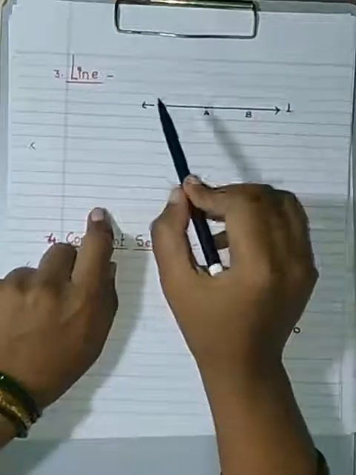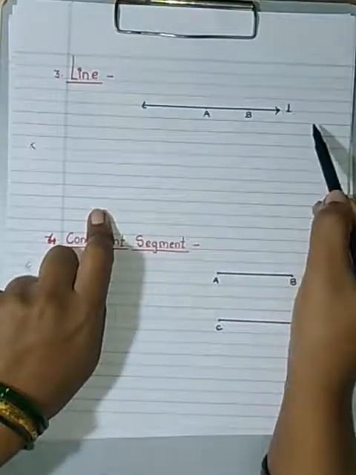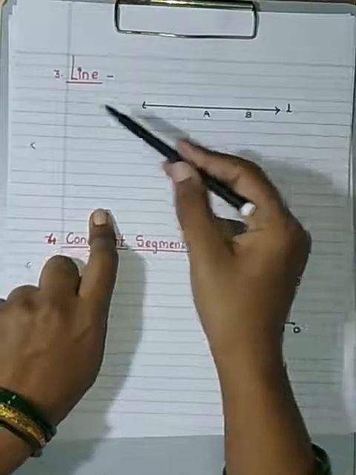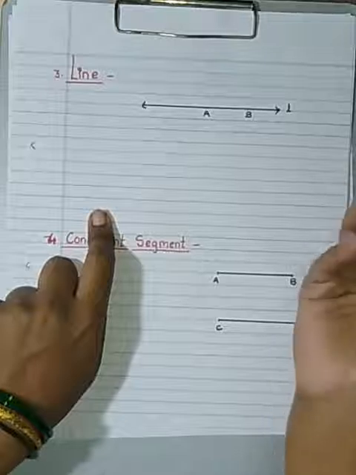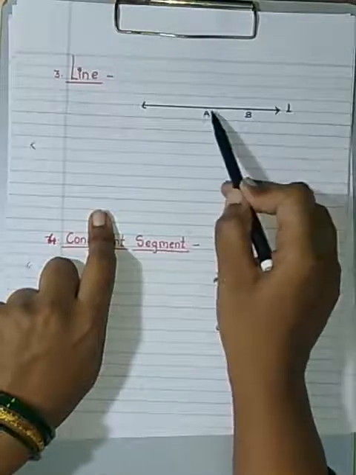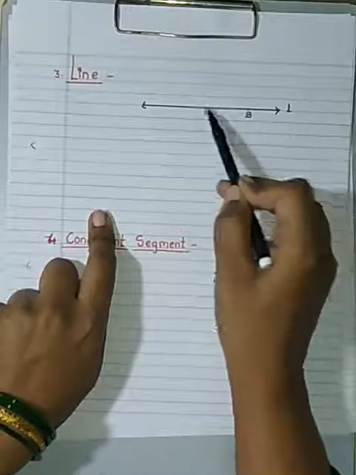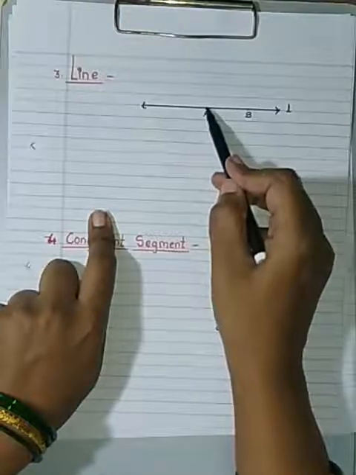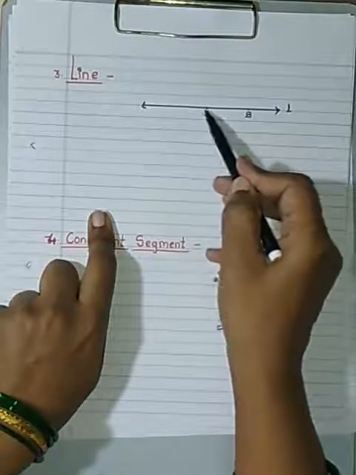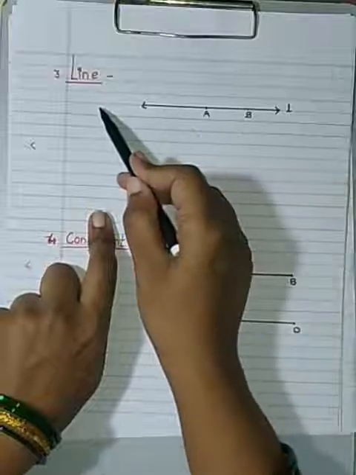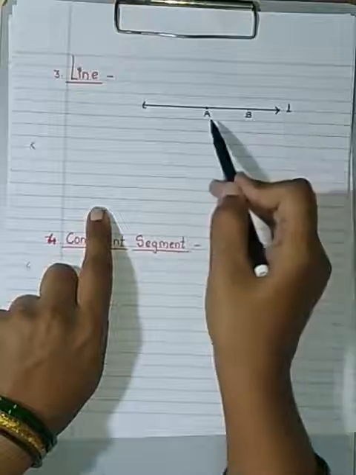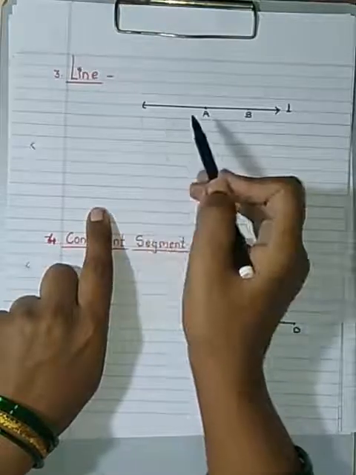From point A they have considered ray AB, and opposite to ray AB means again from point A in this direction. Therefore the union of all the points of ray AB and the ray opposite to ray AB is called a line.